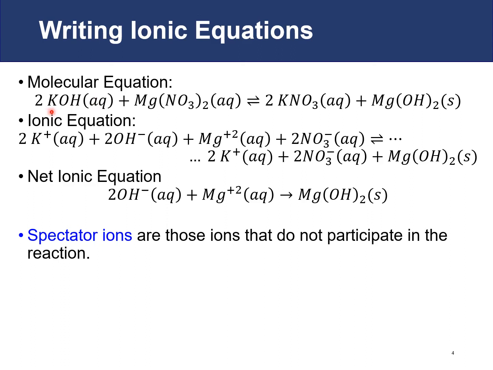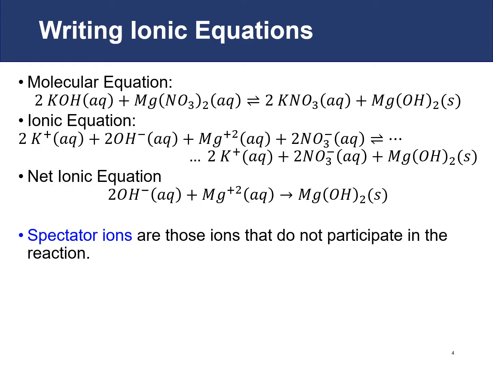So in the case of potassium hydroxide, the potassium ion between the reactant and the product looks exactly the same. The hydroxide ion is, however, reacting with magnesium to form the magnesium hydroxide solid. Similarly, the nitrate is just there to bring the magnesium ion. So our potassium ion and our nitrate ion are both spectator ions.